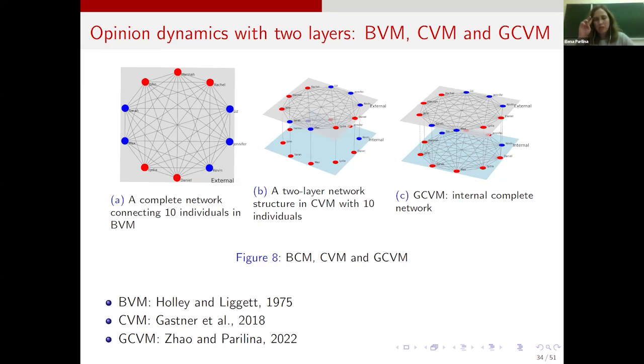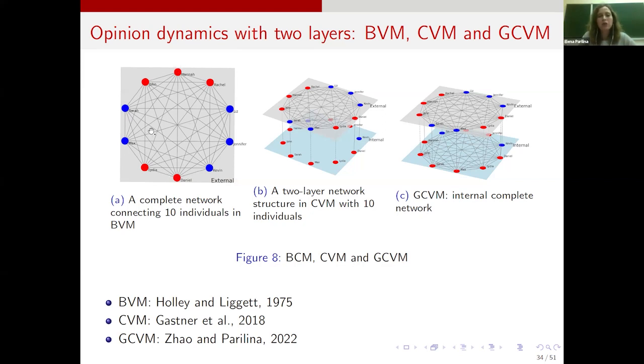I will present here the opinion dynamics model with two layers. This is an extension of a model. The first model was proposed by Holley and Liggett in 1975. It was proposed for a one-layer network where players have a binary opinion, red or blue, and individuals are connected with a complete graph.